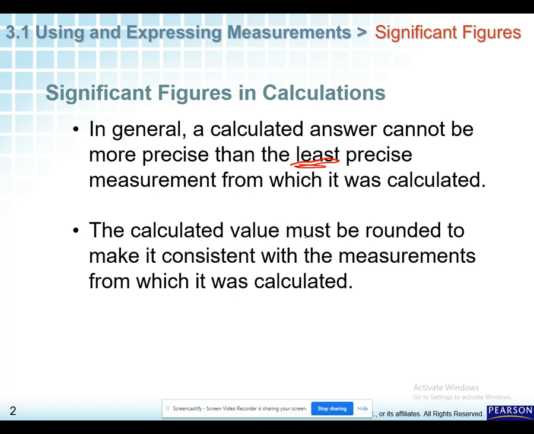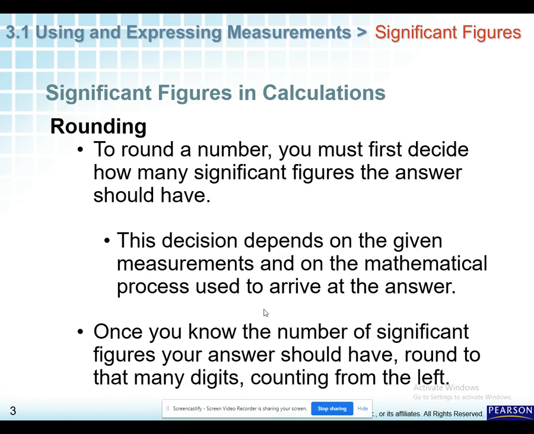Now, the calculated value has to be rounded to make it consistent with the measurements that we made when we calculated it. So the first thing we have to do is look at rounding first. To round a number, you must first decide how many sig figs the answer should have.